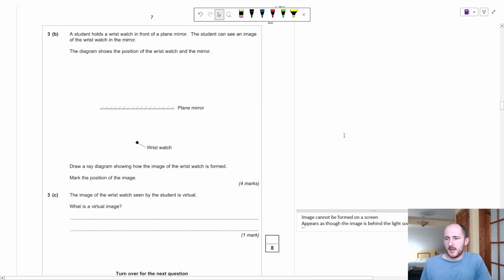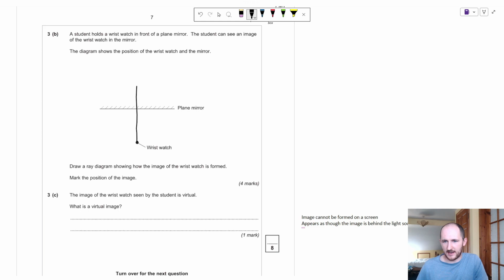Okay, so 4 marks, Jesus Christ. Obviously, what I'm tempted to do is just draw a straight line going here and then going straight through, because we'll just call it virtual. If you think about it, when I look in a mirror, it's just like a straight line.